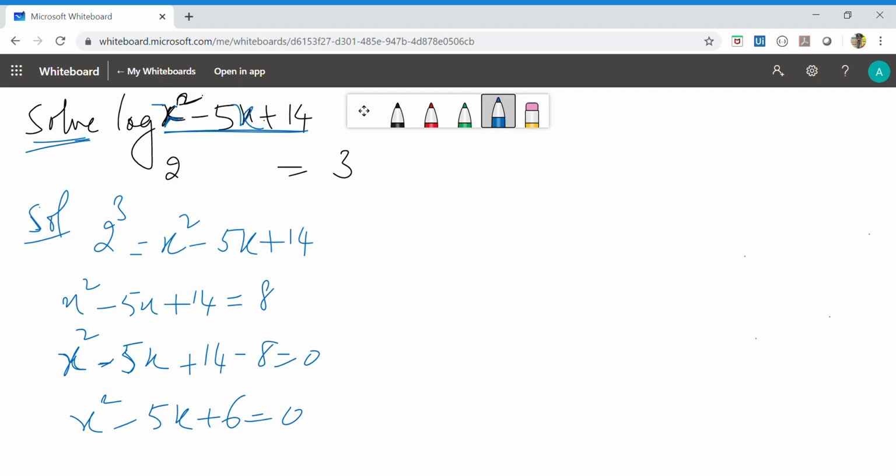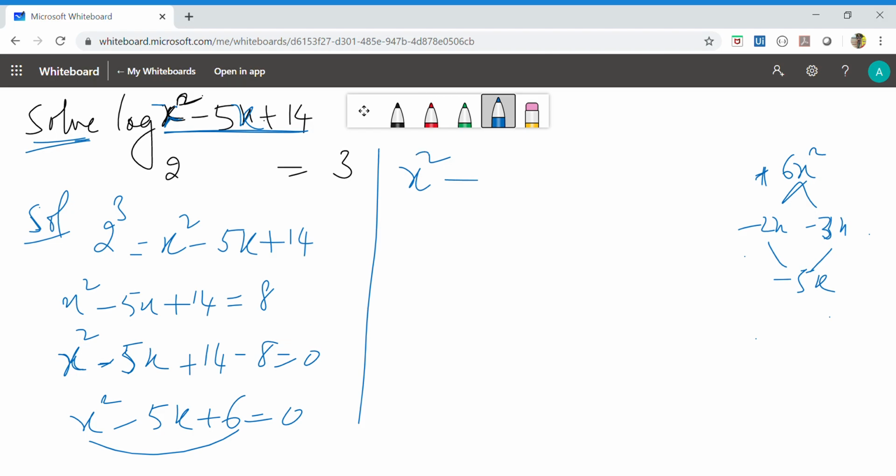Then multiply first term and last term. Plus 6x square you will get. The factors of plus 6x square that give minus 5x are minus 2x and minus 3x. If added together you will get minus 5x. So what you can write?